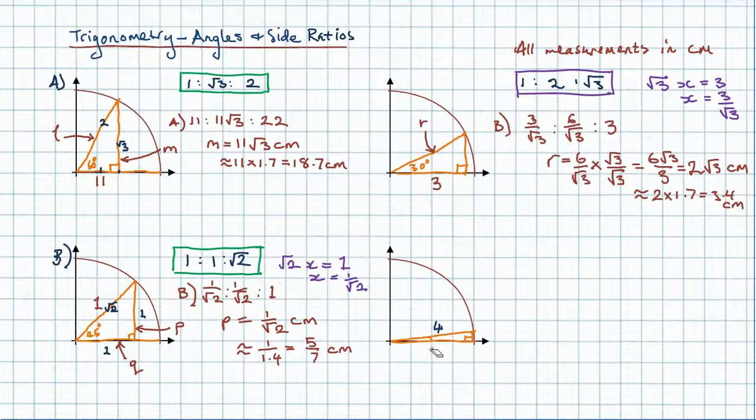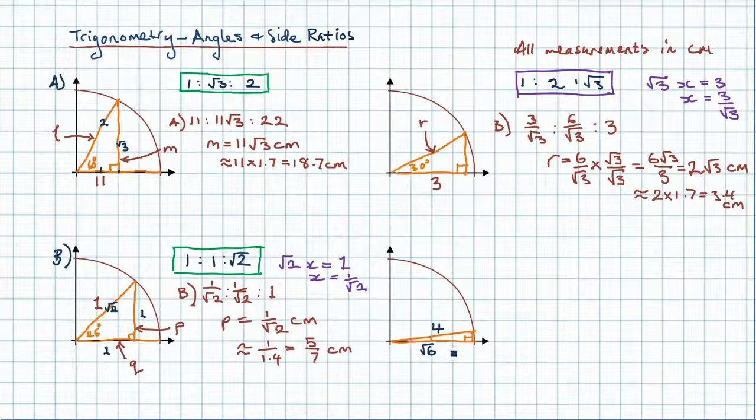I'm going to rub this out just so that you can see clearly. Let's just write that more clearly. The exact form is root 6. Now, what's root 6? Well, root 6 is about 2.5. You can work it out and check it on your calculator.